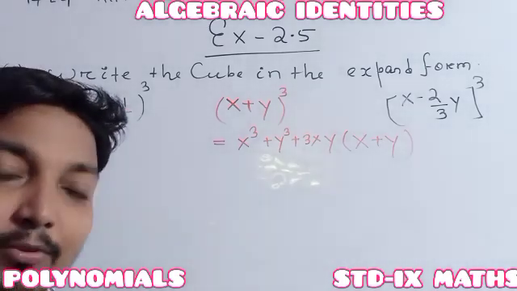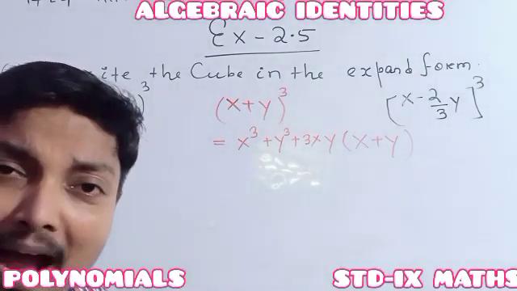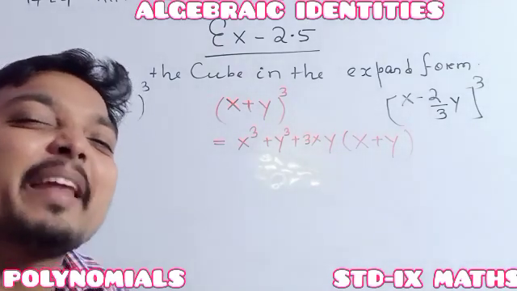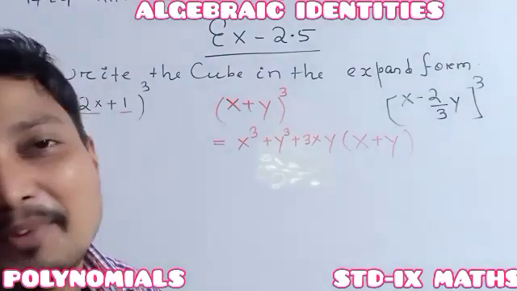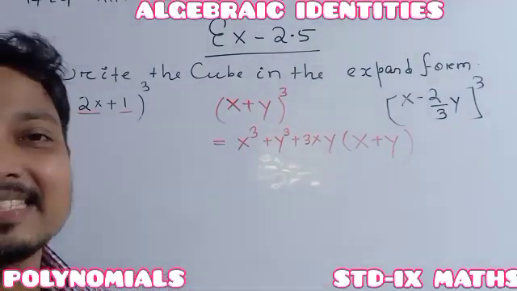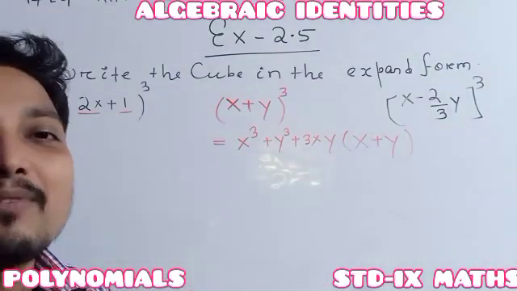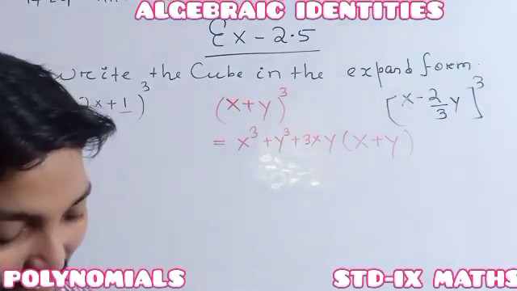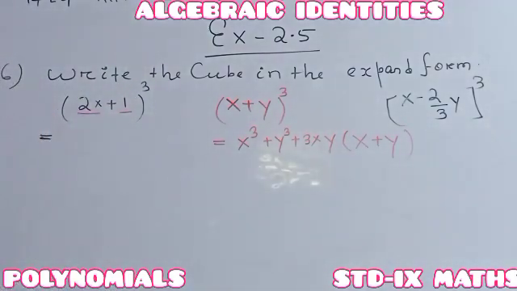You only have to find out which is the first term and which is the second term. Then after that it is very easy, you can arrange it perfectly. The expansion formula is already given. Only one thing you have to choose: which is the first term and which is the second term. So once you get the first term, it is our 2x.